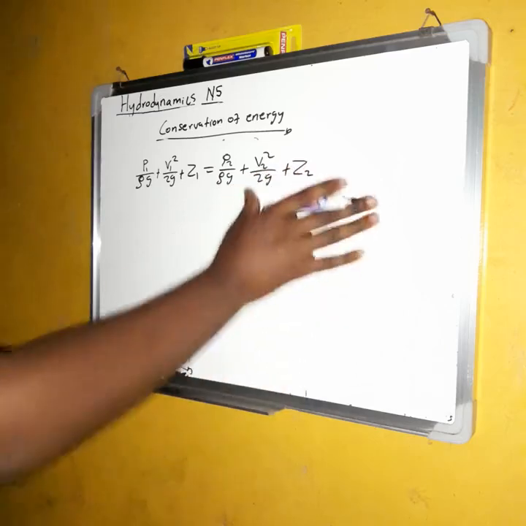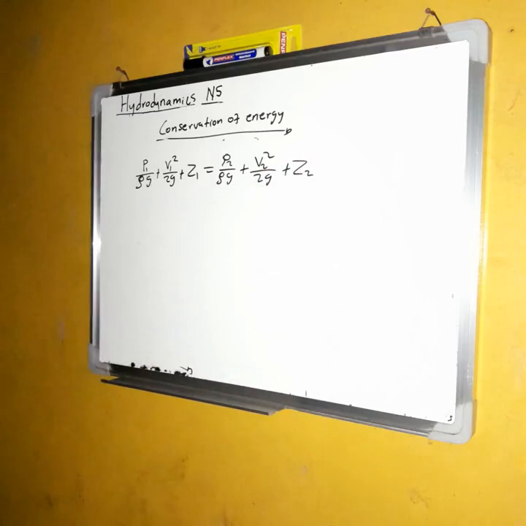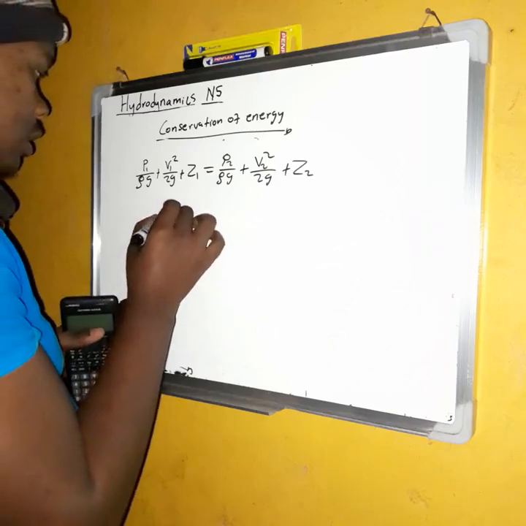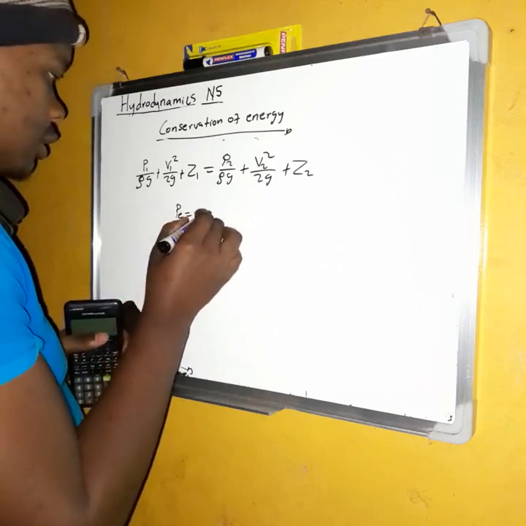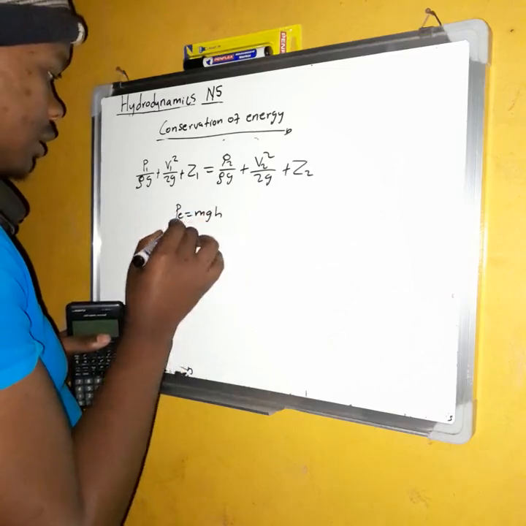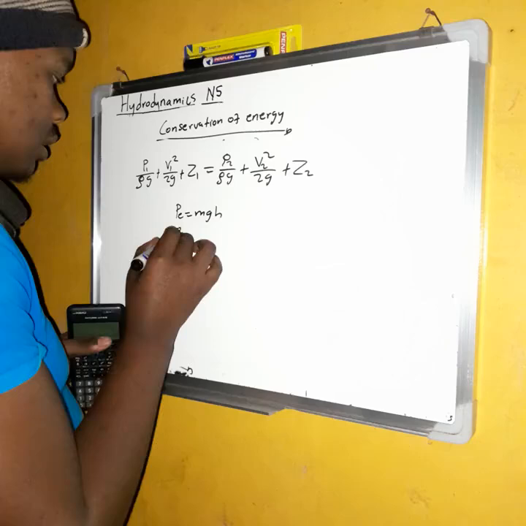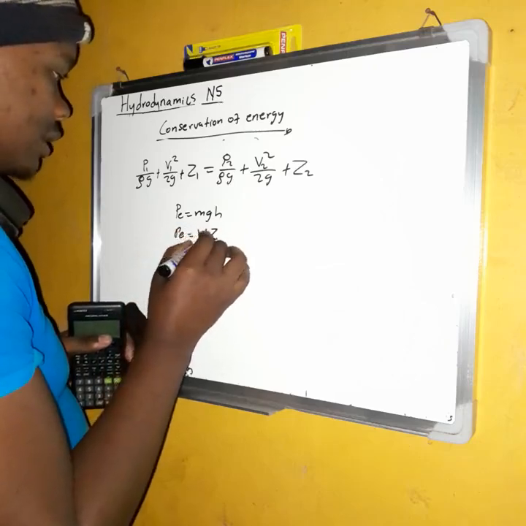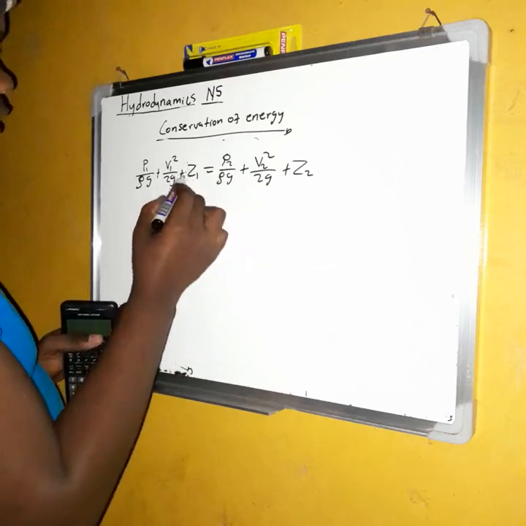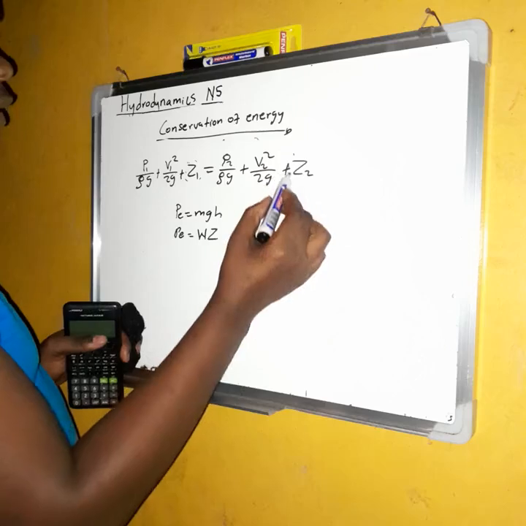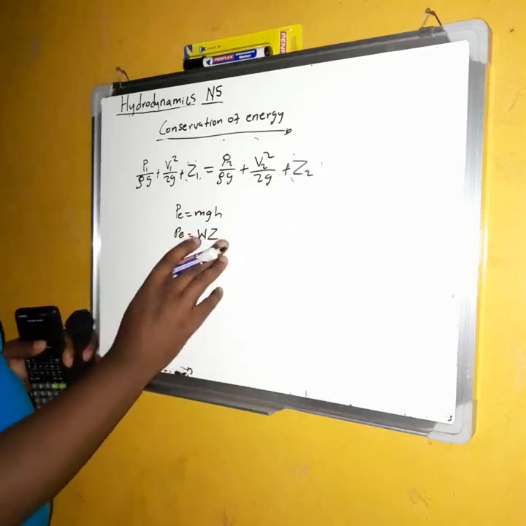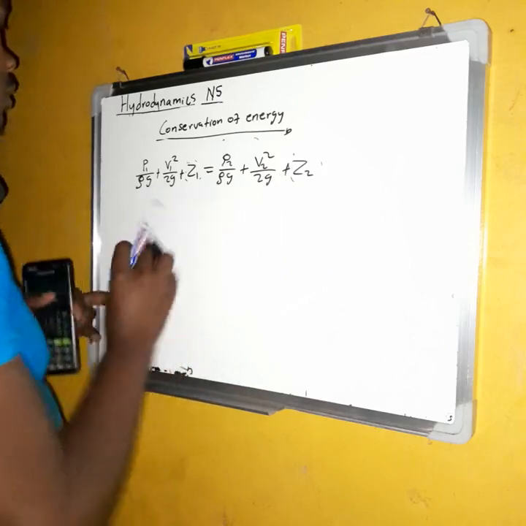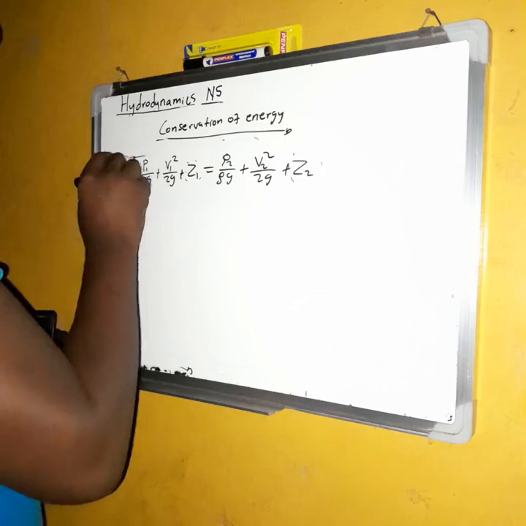We call this Bernoulli's equation. From that potential, remember potential we said is mg multiplied by h, but now we said this is weight multiplied by Z. We're talking about this Z. Depending on which one you use. So in other words, you must know this here.